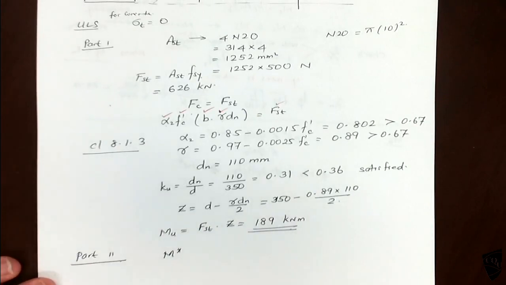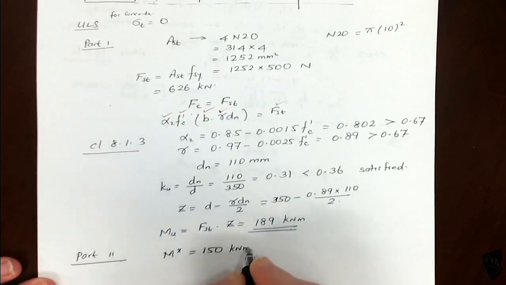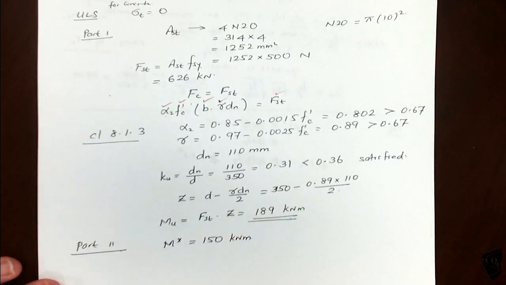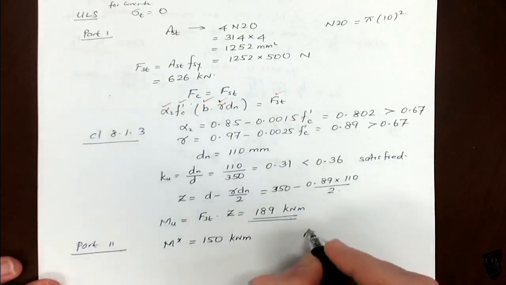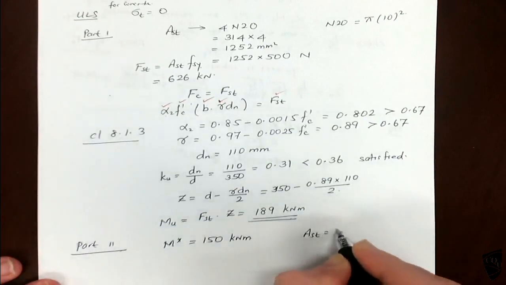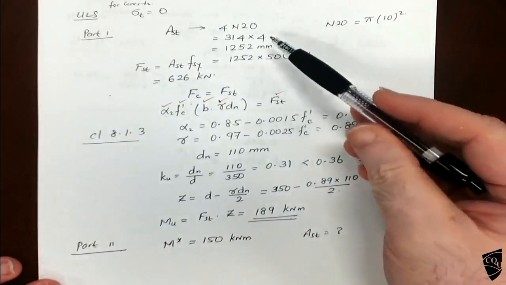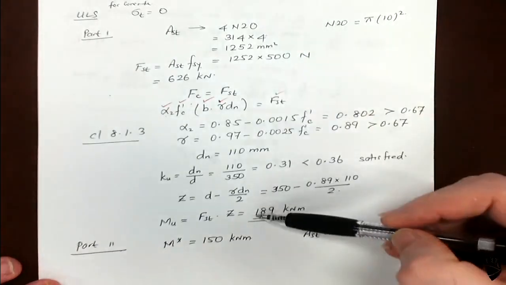M star is 150 kilonewton meter. They asked, what is the AST? Earlier AST was given and you were asked to find the moment.